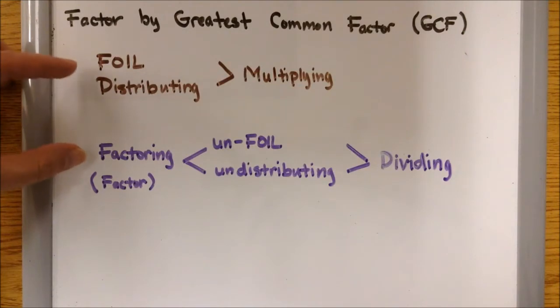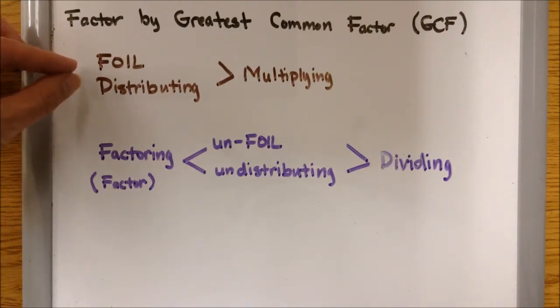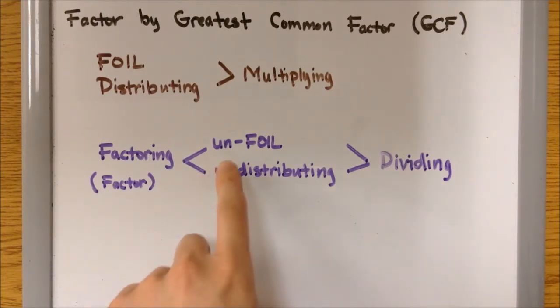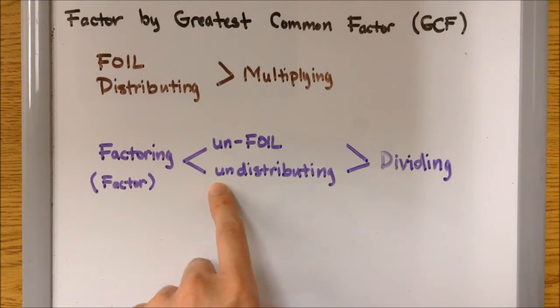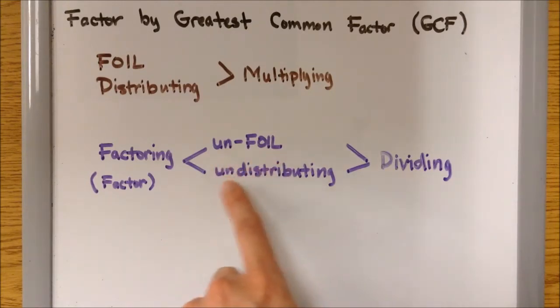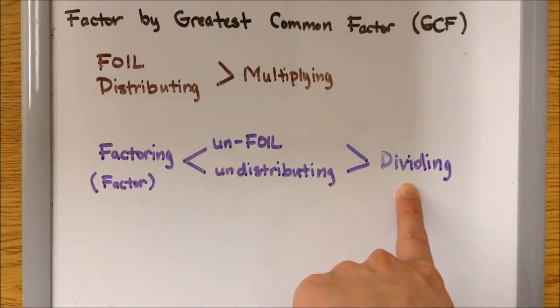So when I ask you to factor quadratic terms, I'm having you unFOIL or undistribute, using the division operation. That's all it is. Now we're going to work on some examples of factoring by greatest common factor.